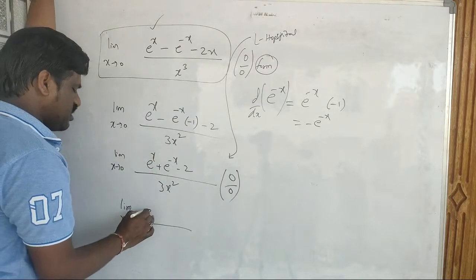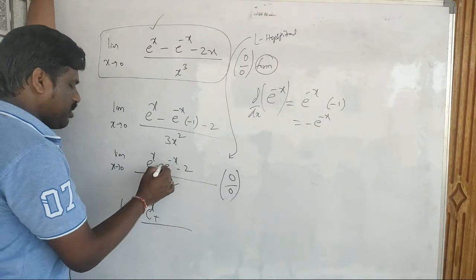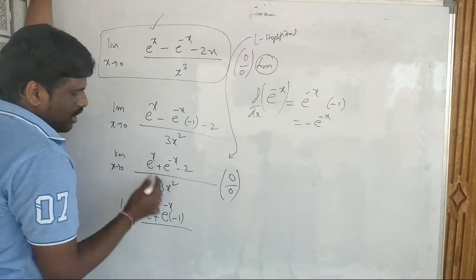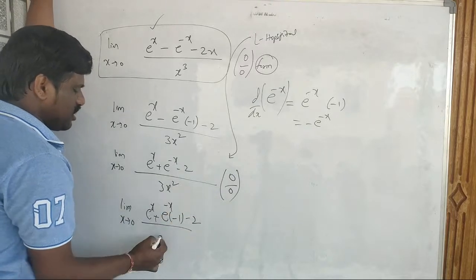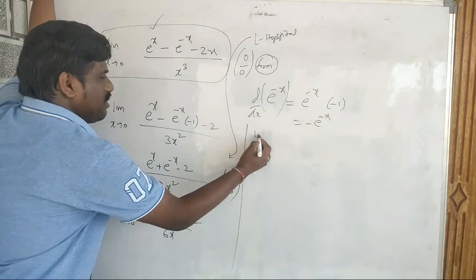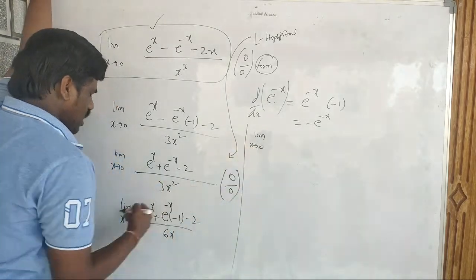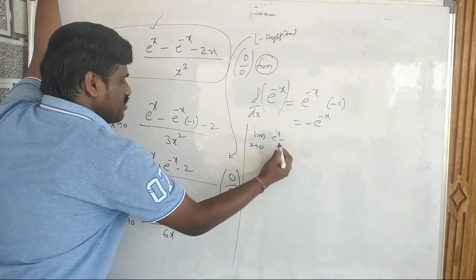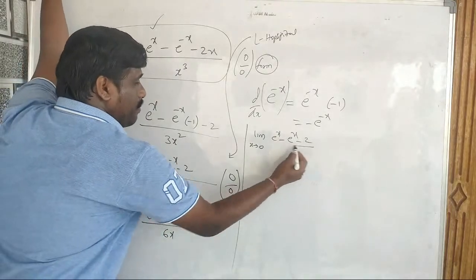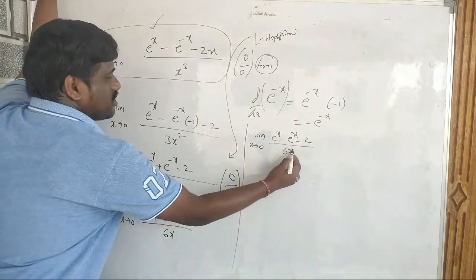So e power x differentiation is e power x, e power minus x differentiation is minus e power minus x, and minus 2 differentiates to 0, and the denominator differentiation is 6x. So I get limit x tending to 0 of (e power x minus e power minus x) upon 6x.